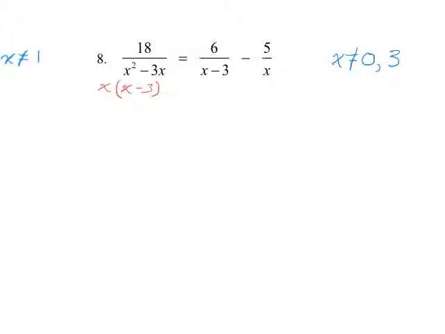As with the previous two questions, we will multiply each term by that common denominator. And then we look to see common factors that will cancel out, and that'll get rid of all of the denominators that we had.